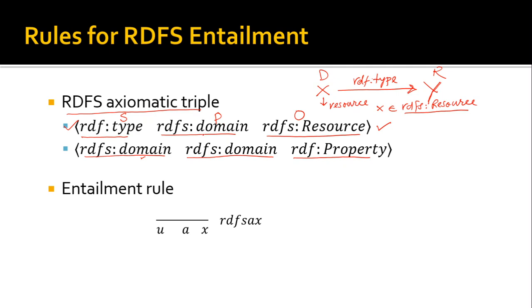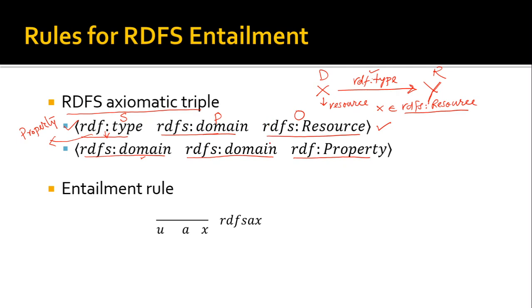And for the kind of resources that are of type property, we can have only the RDFS domain predicate. So you see that this RDF type is a property, that's why it is coming here.